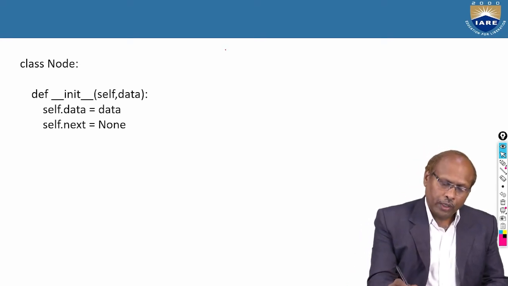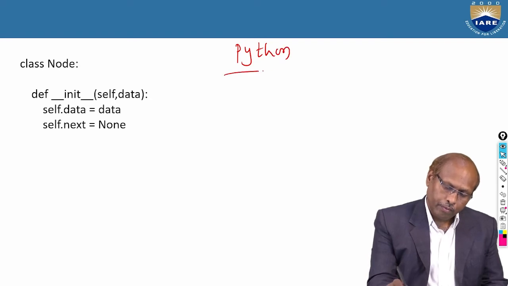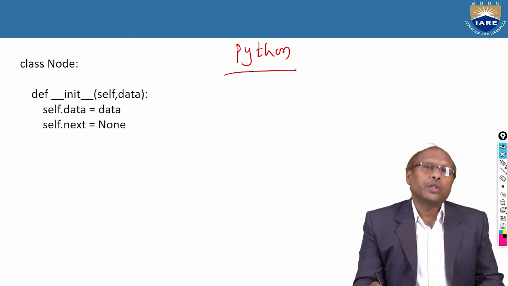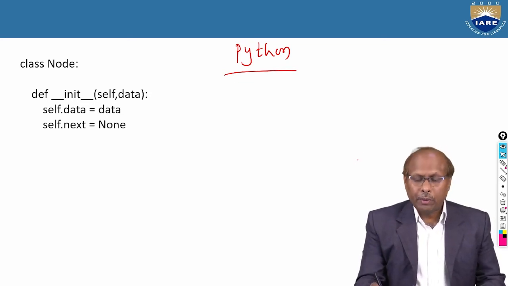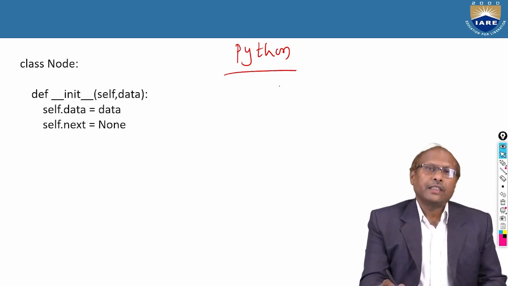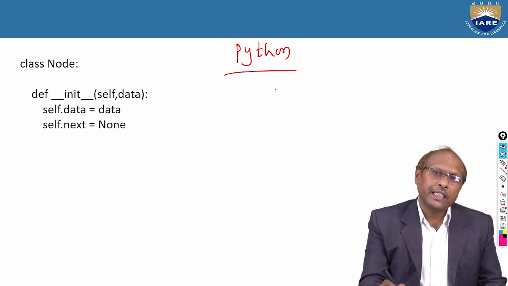Now we'll write a program using Python, how you can implement the stack using Python. So whenever you want to implement using linked list concept, the linked list is managing all the elements in terms of the node.